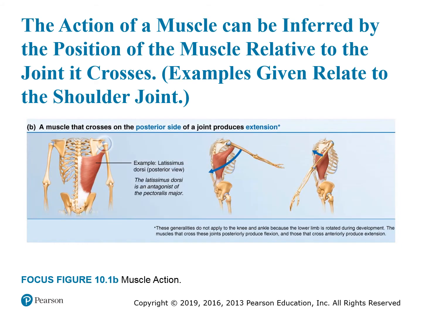Now, posterior to the shoulder joint, you have the latissimus dorsi, which is here. Its job is to produce extension, so when that muscle contracts, it allows the arm to move posteriorly.